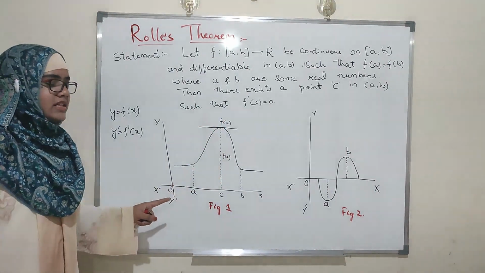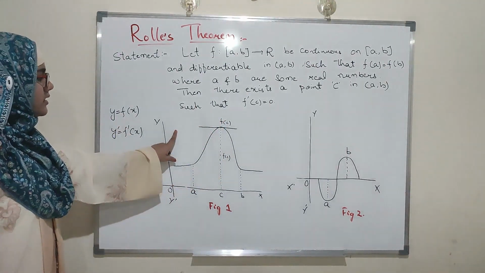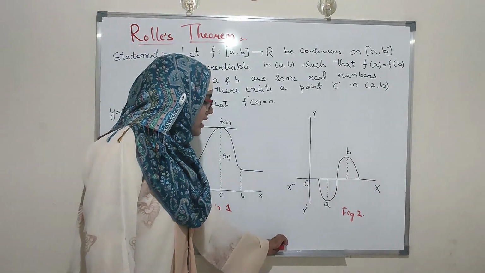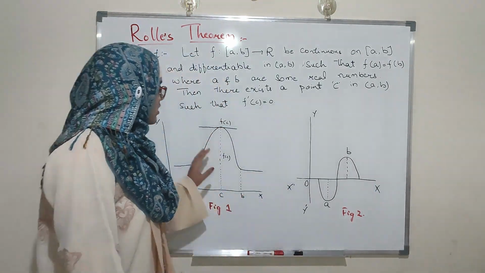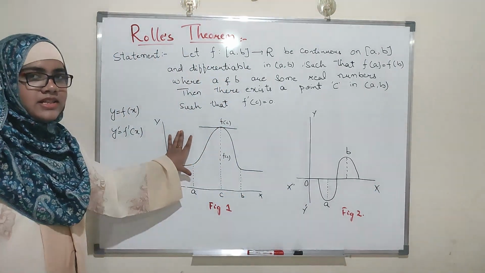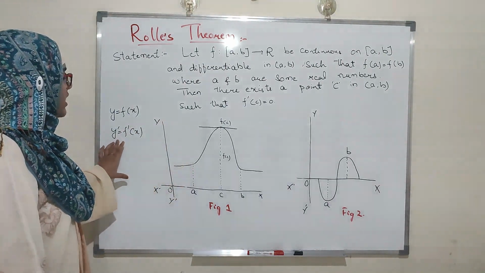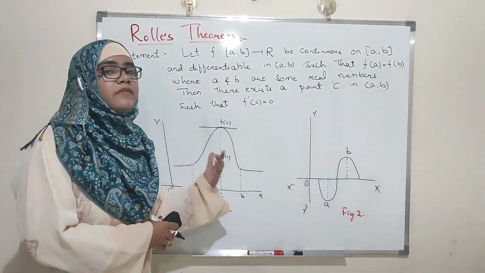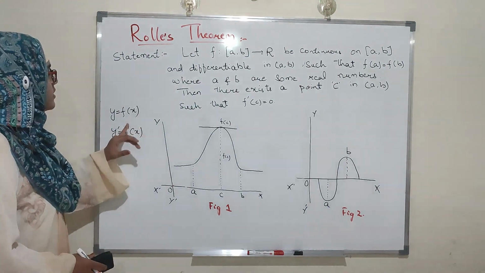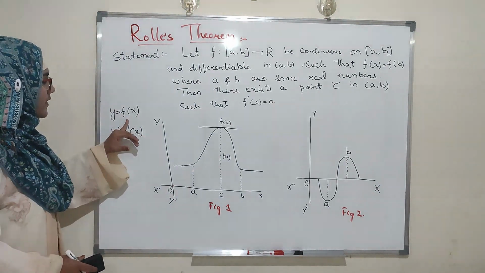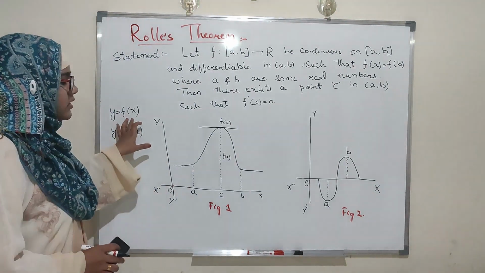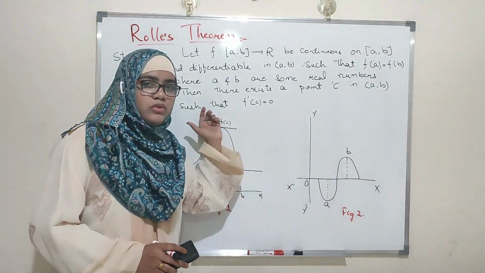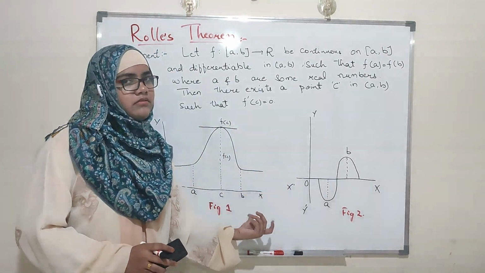That's why, by seeing these two graphs, we can say that this is nothing but the derivative or the differentiation of f of x. So we got f of x as the function, y is equal to f of x, the graph of this.